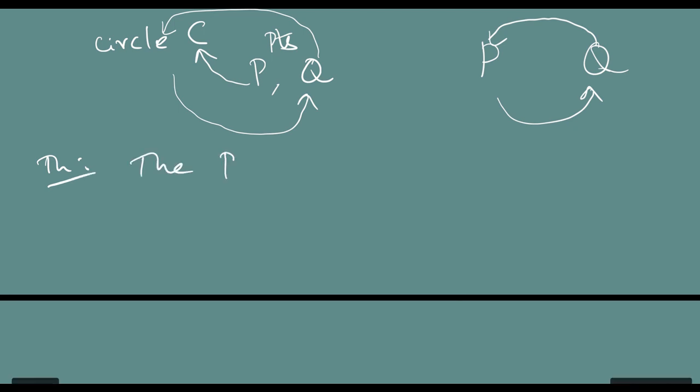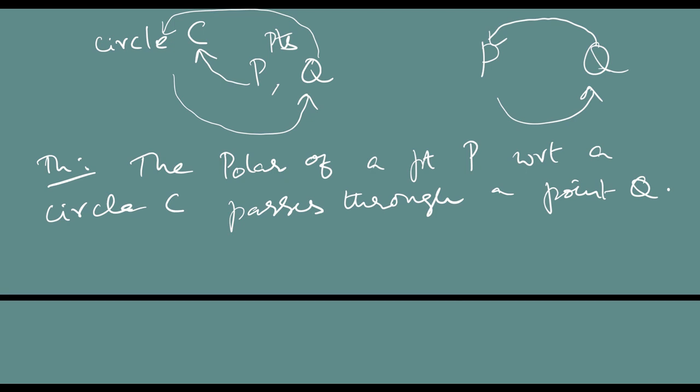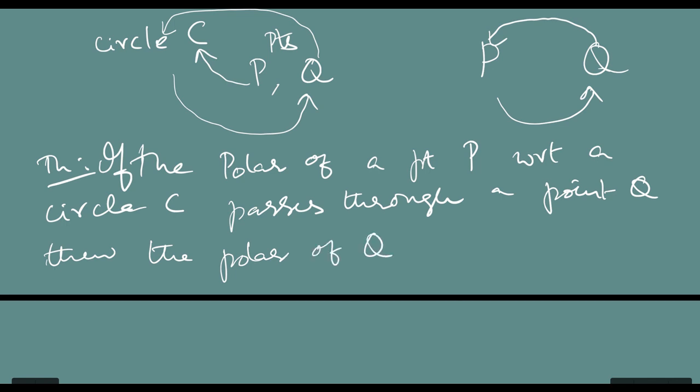The polar of a point P with respect to a circle C passes through a point Q, then the polar of Q passes through P.